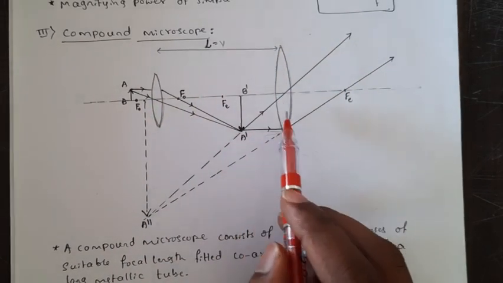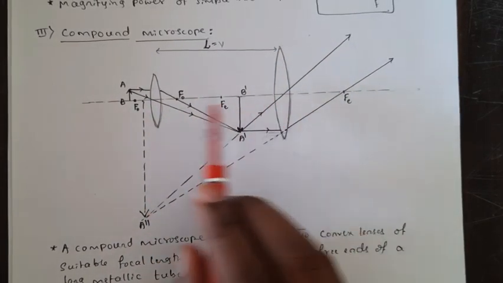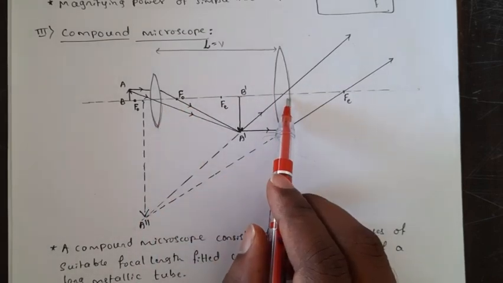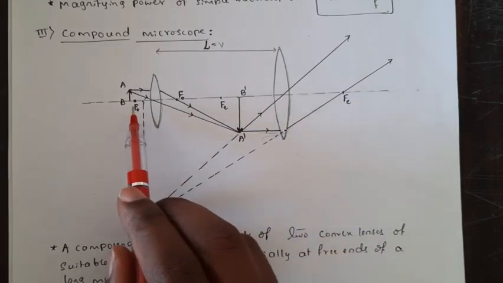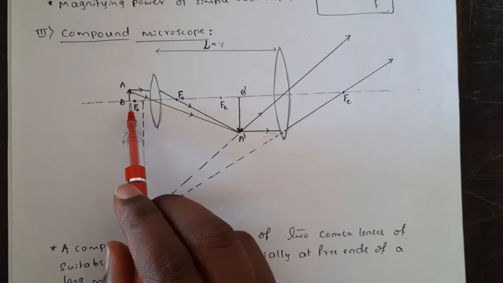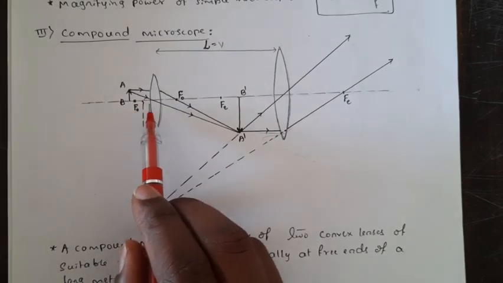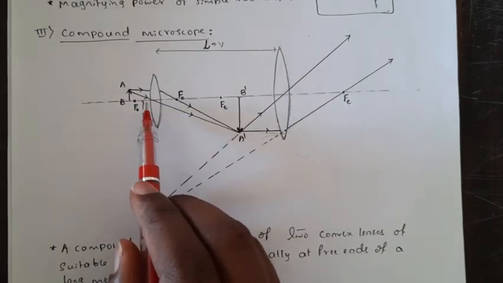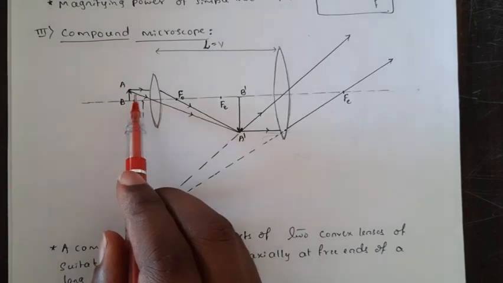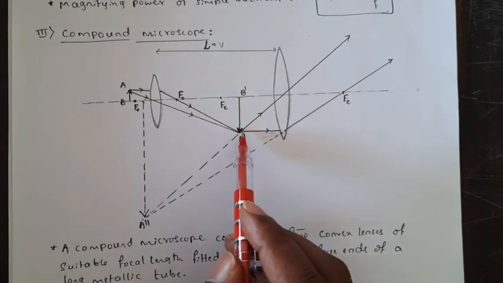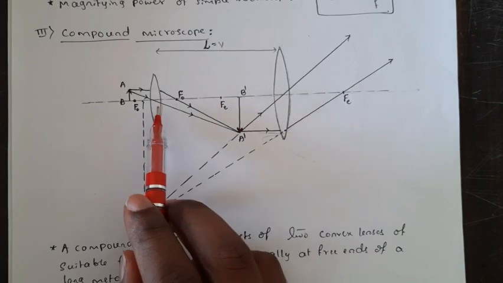For the eyepiece, the focal length is comparatively more and the aperture is very large. The object to be seen is kept just beyond the principal focus of this lens. Whenever the object is just beyond f, the image forms on the other side of that lens.